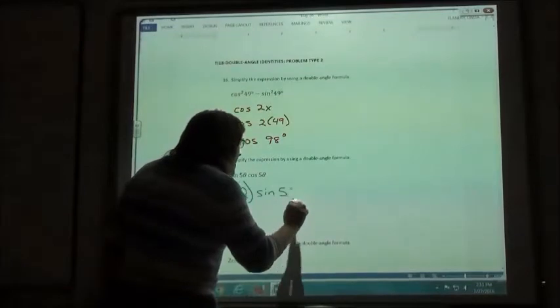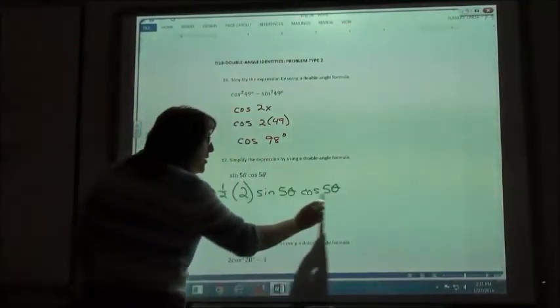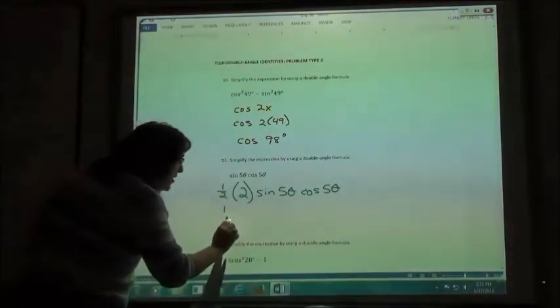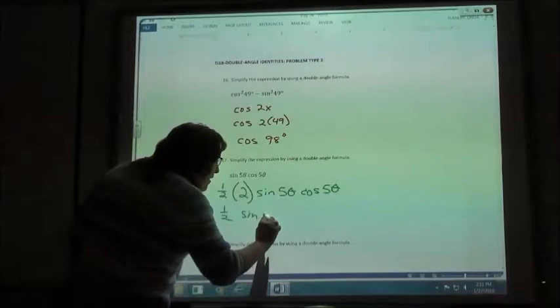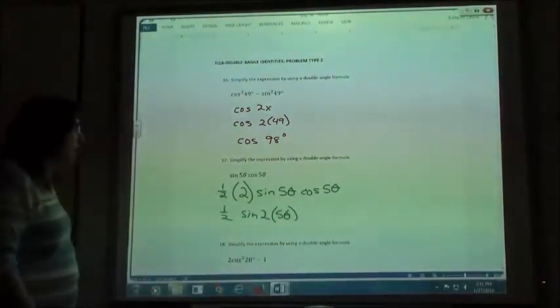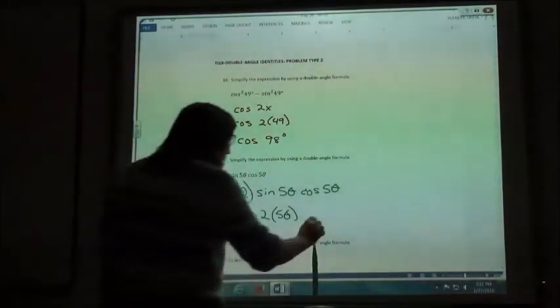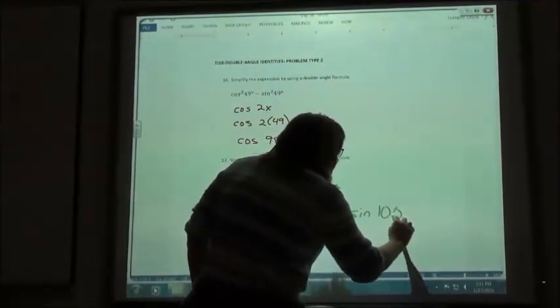Sine of 5 theta, cosine of 5 theta. So now this part is my double angle. So I'm still going to have the 1/2 in front, and this is going to be the sine of 2x, and x is going to be 5 theta. So I am going to have 1/2 sine of 10 theta.